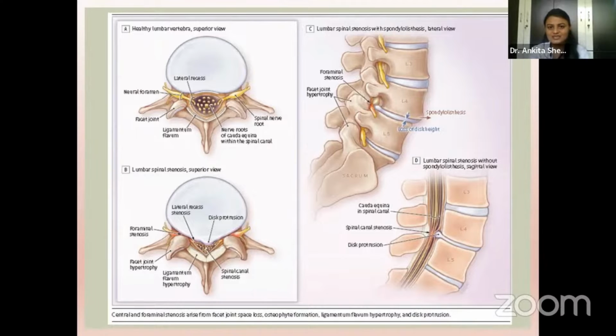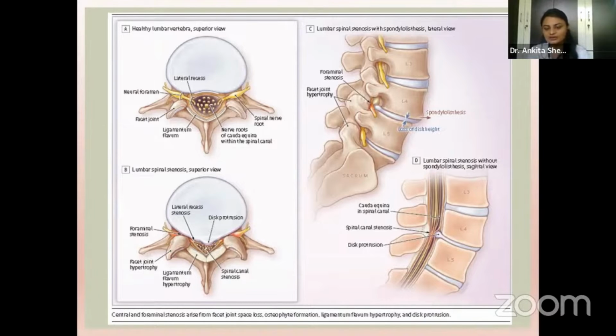So in this image, we can summarize that disc protrusion, ligament hypertrophy and facet joint hypertrophy are all in relation to causing spinal canal stenosis.